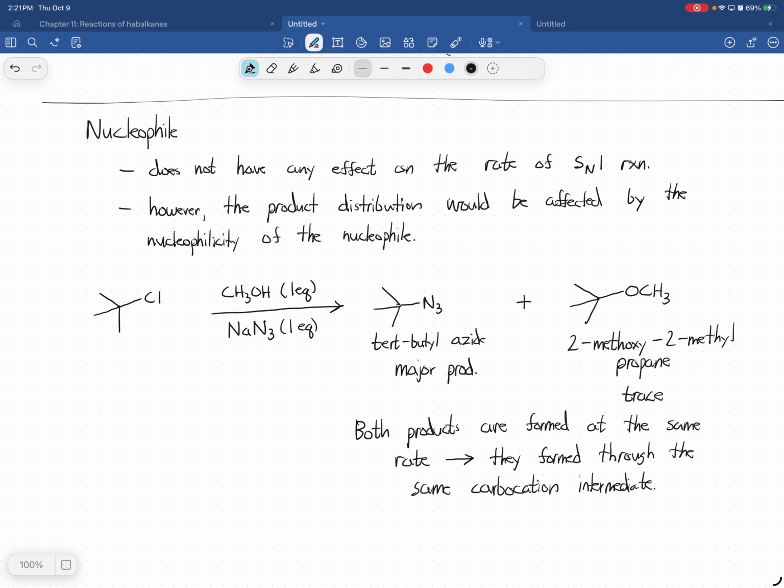Okay, are there any questions about the nucleophile? It's not really important here, but if you have competition, which sometimes you do, then you will have 2 different products. Well, if you wanted just the azide product, you would use a different solvent that's not a nucleophile, such as DMSO, well, I won't say DMSO, it has to be protic.